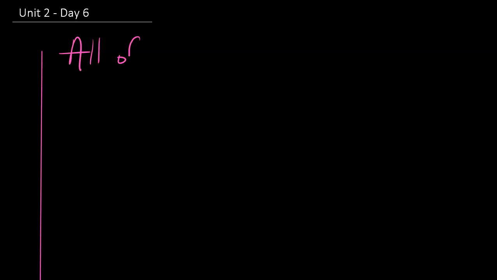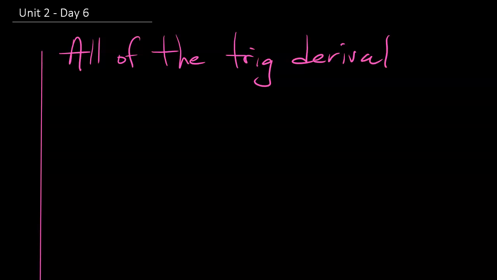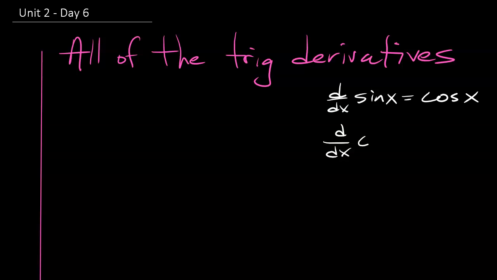So the one topic we have left is all of the trig derivatives. We've already learned 2. The 2 that we've already learned are that the derivative of sine is cosine, and that the derivative of cosine is negative sine.